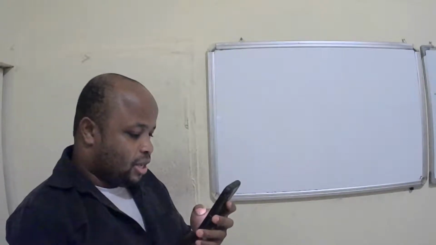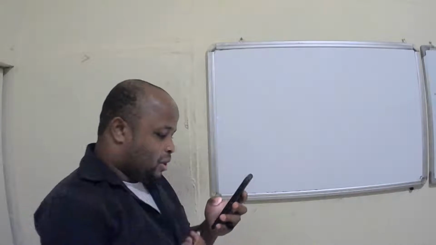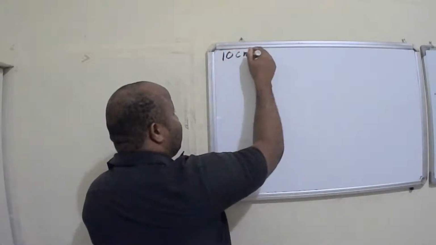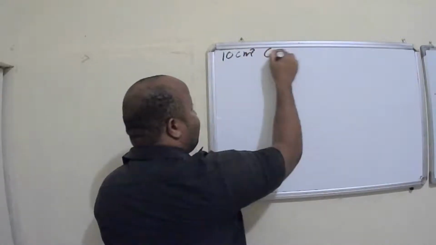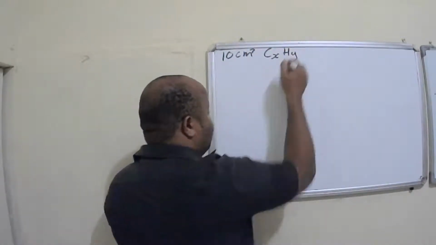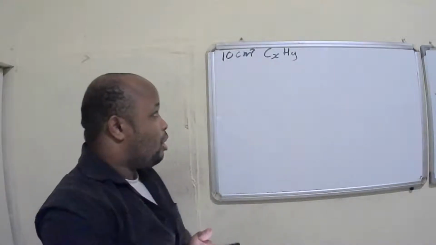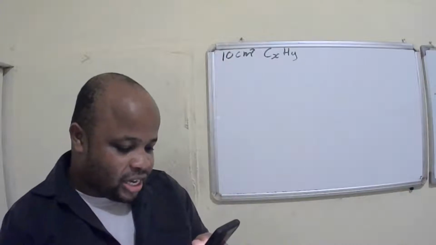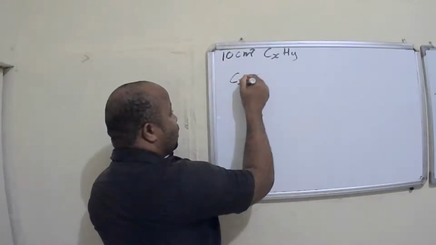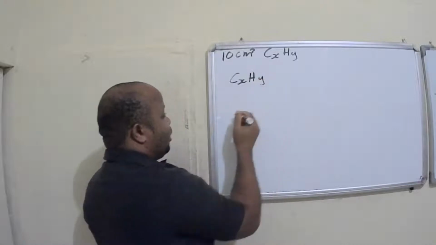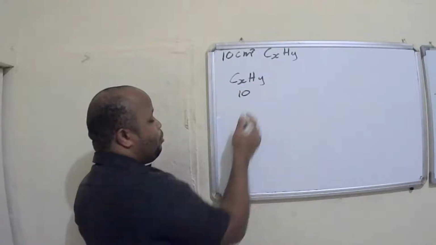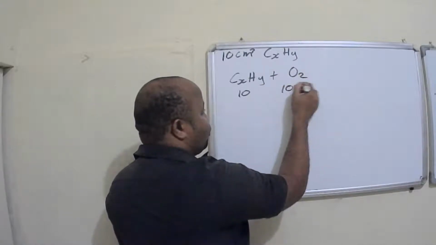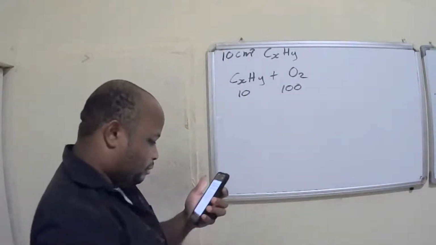A mixture of 10 cm cube of a gaseous hydrocarbon, CxHy, reacts with 120 cm cube of oxygen.